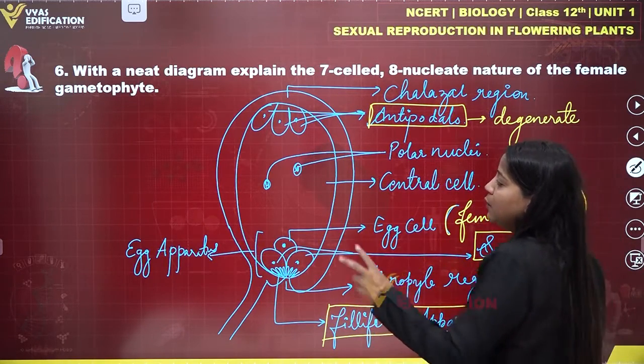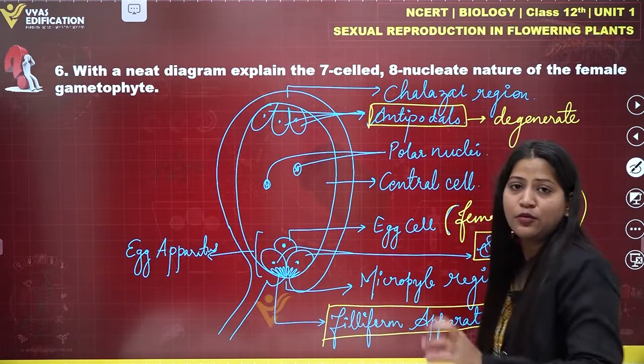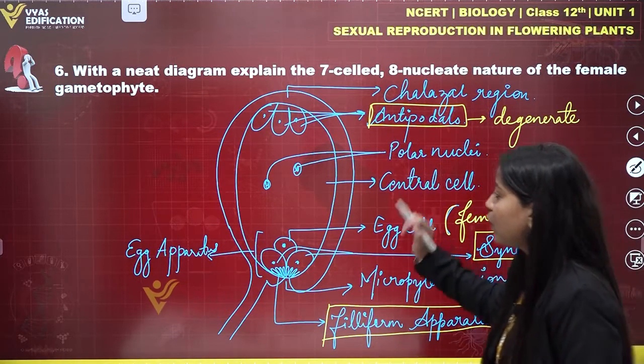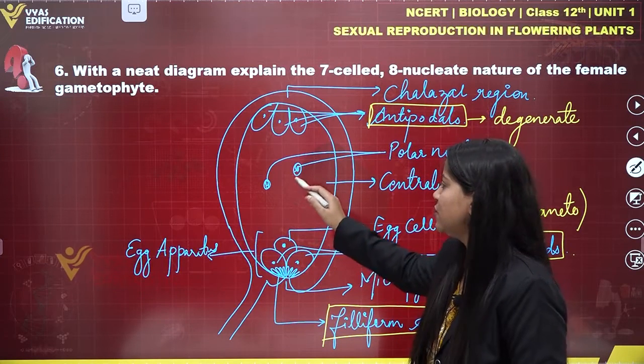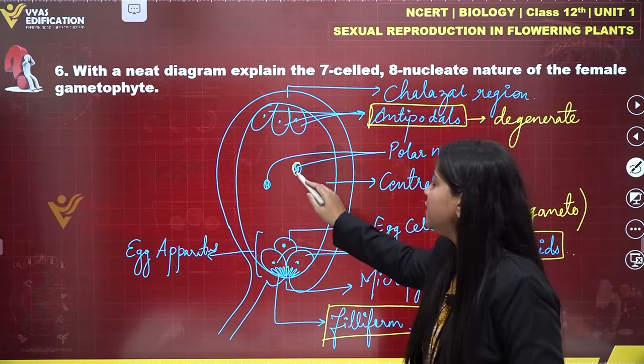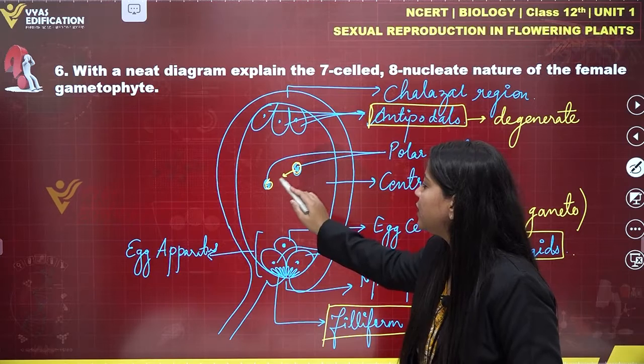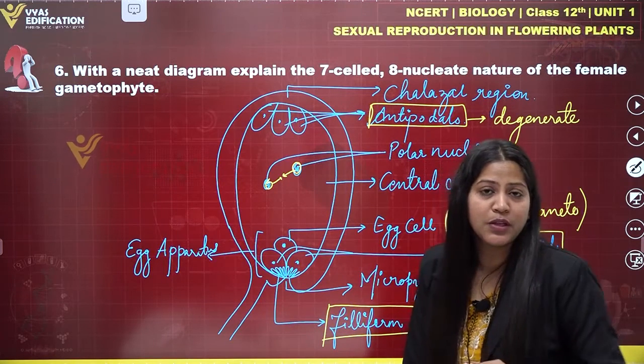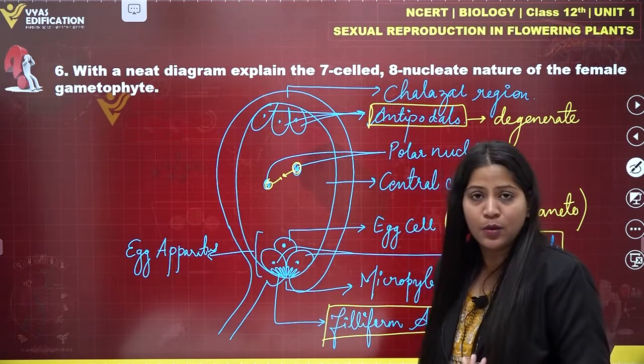Now we remain with the two nuclei present in the central cell of the embryo sac. Just before fertilization, these two polar nuclei fuse with each other to form the secondary nucleus.